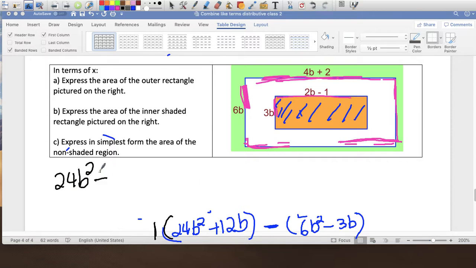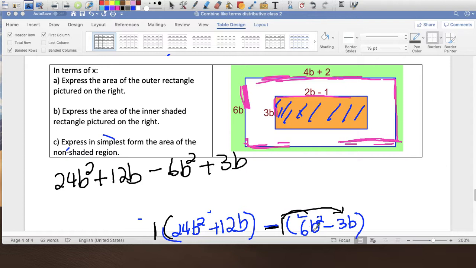Because it's positive. It's a positive 1 times 24b squared plus 12b. But notice that here, this minus sign, if you imagine a 1 here, is going to change the signs of those guys. It's going to give you negative 6b squared plus 3b. Because negative times a positive gives me a negative, and negative times a negative in the back is going to give me a positive.